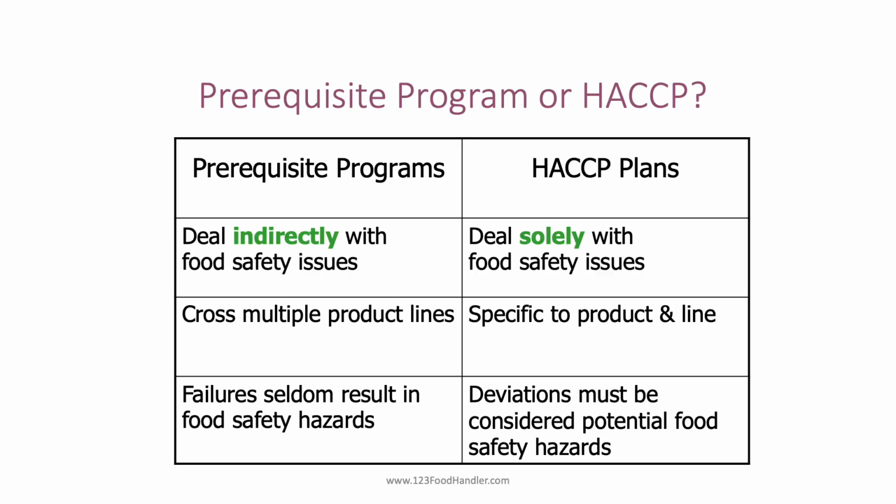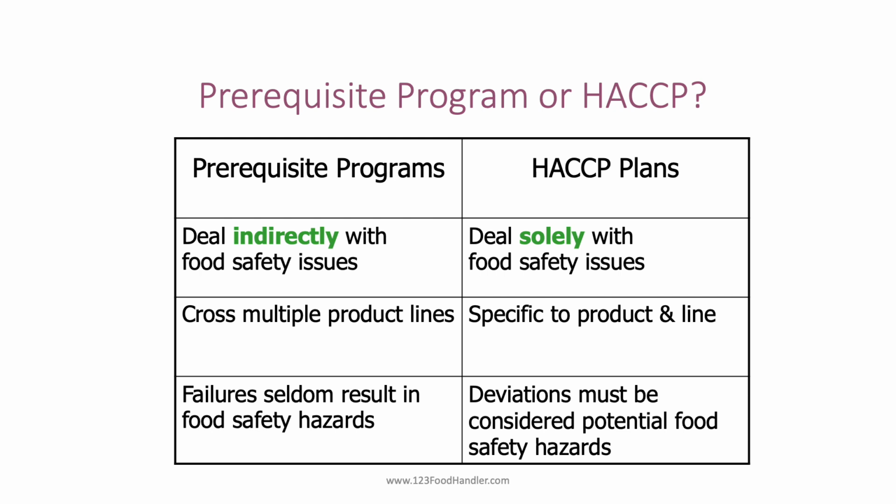So this is a nice little side-by-side comparison of prerequisite programs versus HACCP plans. Prerequisite programs are intended to deal indirectly with food safety issues. These sanitation programs can work across multiple product lines. And more than likely, failures in these areas are not going to lead to food safety issues.